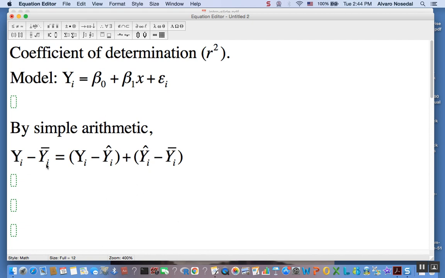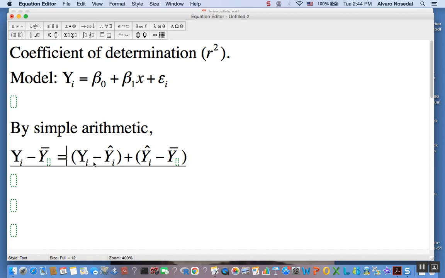So that deviation of an observation with respect to its mean, and this shouldn't have an i because it's an average, could be broken down into two deviations.